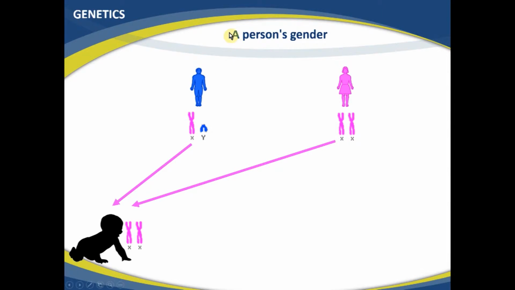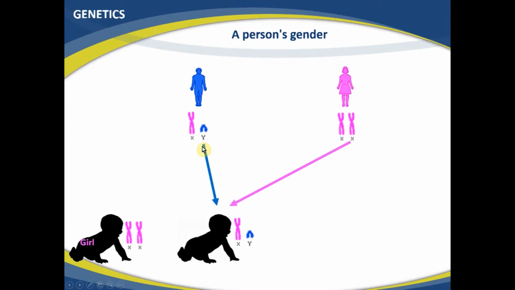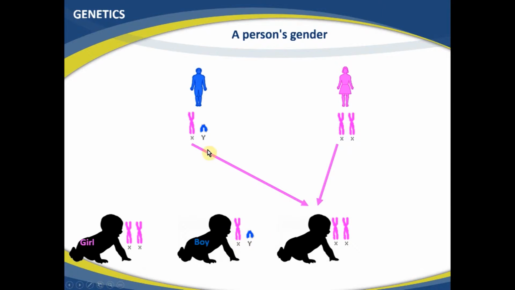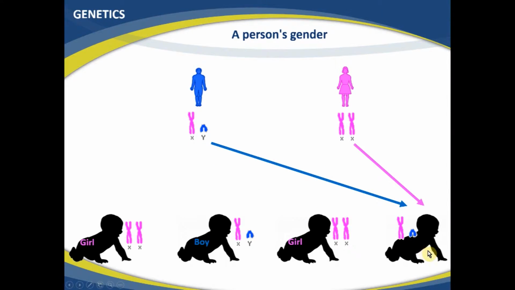So the man can pass on the X chromosome, and from mom, the baby will also get an X chromosome, so 2 X chromosomes, it's a girl. If the man produces a sperm that has a Y chromosome, so with a 50-50 chance, then the baby will get 1 Y from the father and 1 X from the mother, will be a boy. And again, XX is a girl and XY will be a boy.